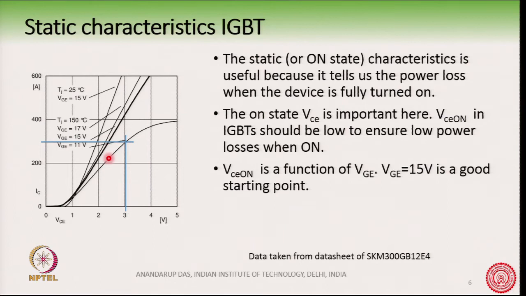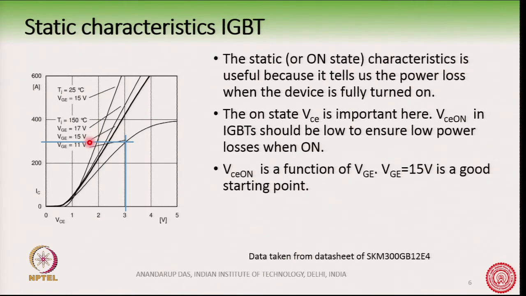So, it is like somewhere here. Too high a value of VGE, even if you go VGE more than 15 volt, it is possible definitely, and VCE will go smaller and smaller.